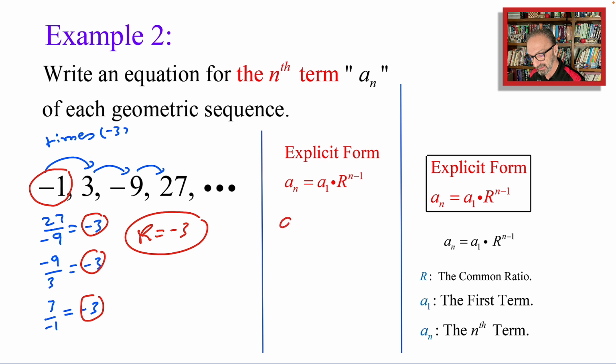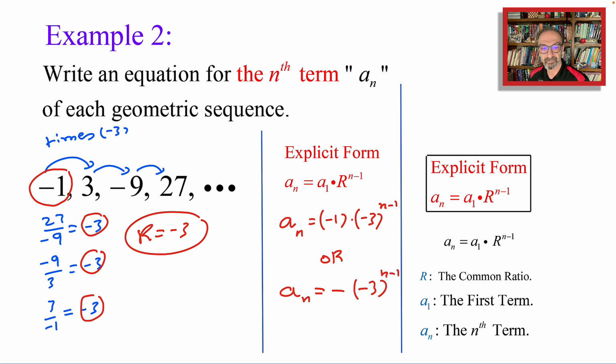So the formula is a sub n equals the first term, that's -1, the common ratio, which is -3, to the power n minus 1. Or we could write it as negative, instead of -1, times -3 to the power n minus 1.